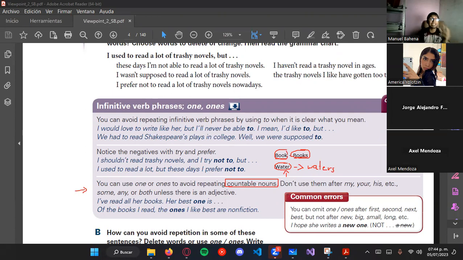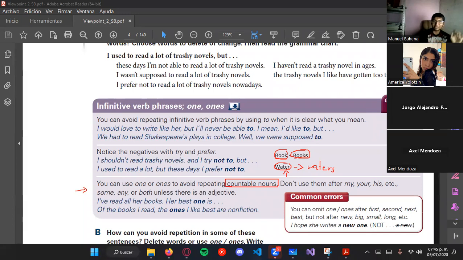Yes, we can say, bring me 2 bottles of water, 2 botellas de agua. Bring me 2 boxes of milk, 2 cartons of milk, 2 cajas de leche, 2 cartones de leche, 2 envases de leche. Okay? Yes?